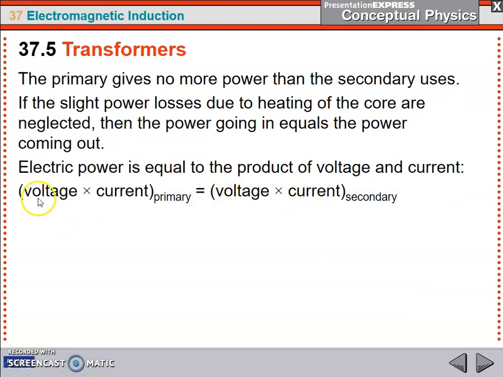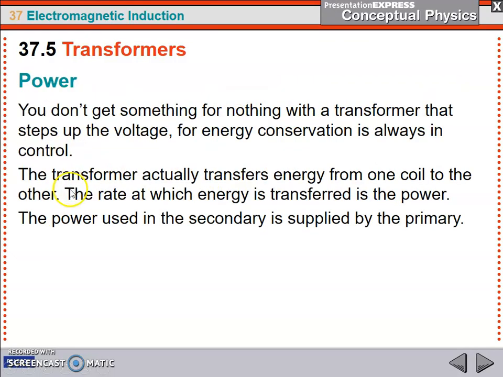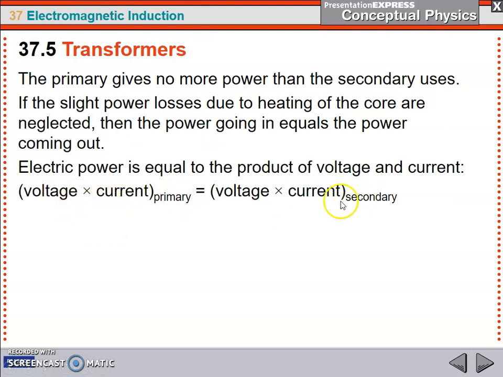Now, I'm not asking you to figure out all this math, and we're not going to do any math problems using this. All I'm saying is that you need to realize that a transformer puts out whatever you put in in terms of power. So you can't use a transformer to magically power up a car, right?